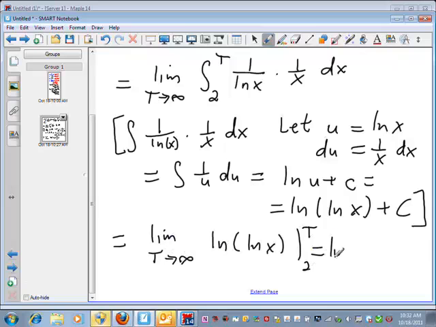This is equal to the limit as t tends to infinity of the natural log of the natural log of t minus the natural log of the natural log of 2.